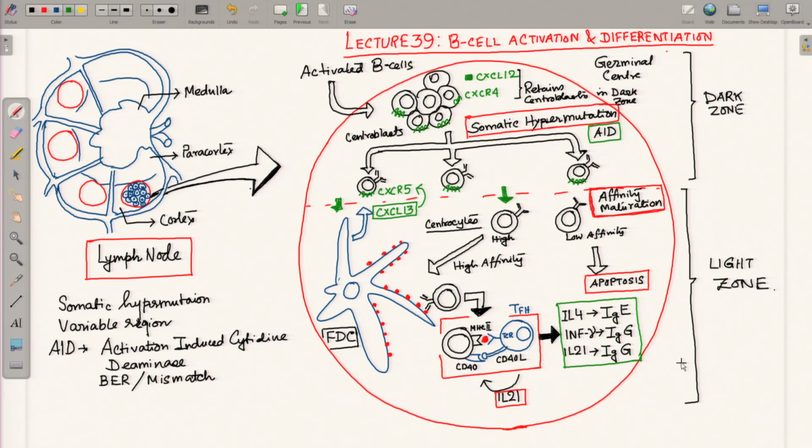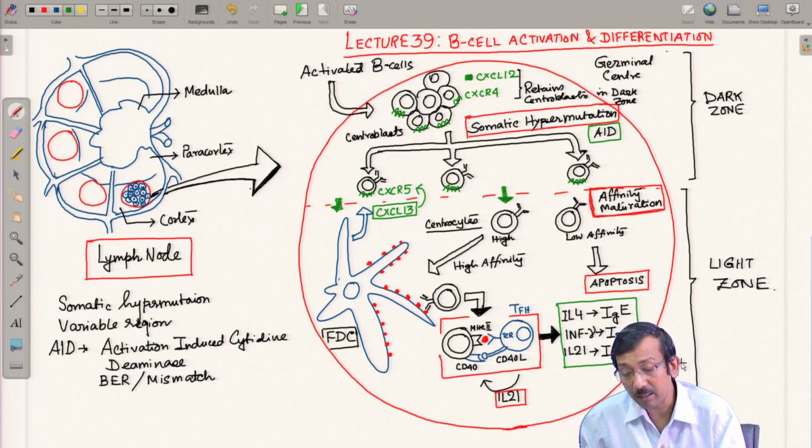MHC class 2 will present the antigen on the surface and will interact with the TCR, with the T follicular helper cell, leading to secretion of different cytokines. These cytokines will basically help in the class switching to different isotypes.